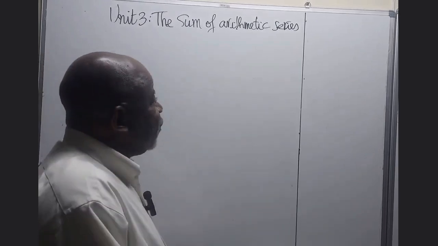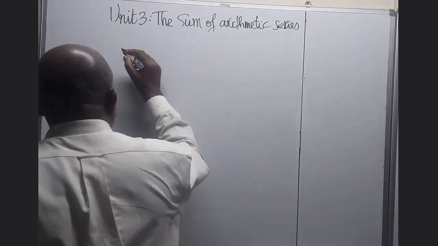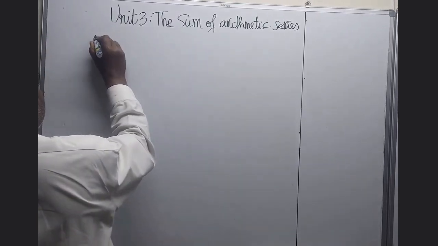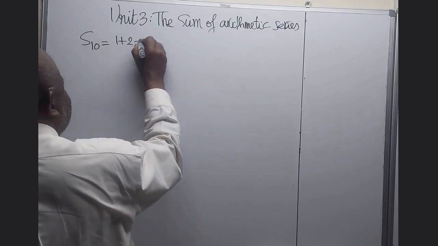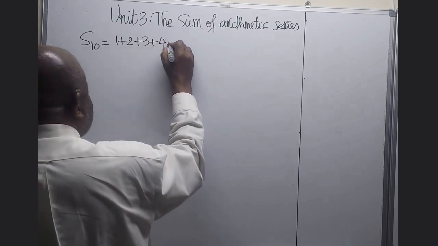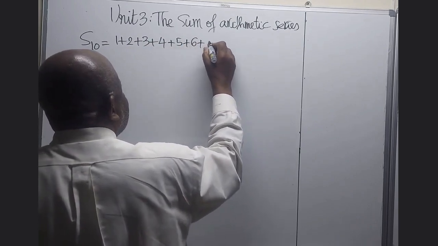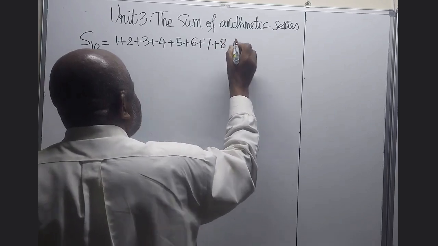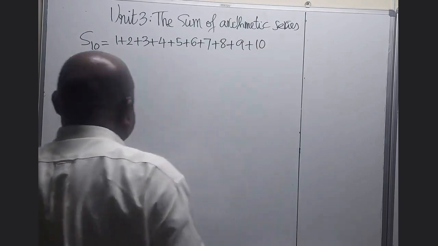Okay. Our arithmetic series will be written like this: S10 is equal to 1 plus 2 plus 3 plus 4 plus 5 plus 6 plus 7 plus 8 plus 9 plus 10.